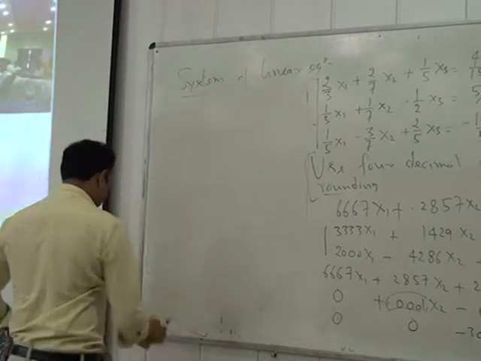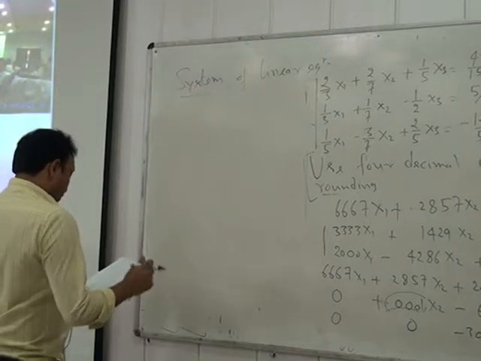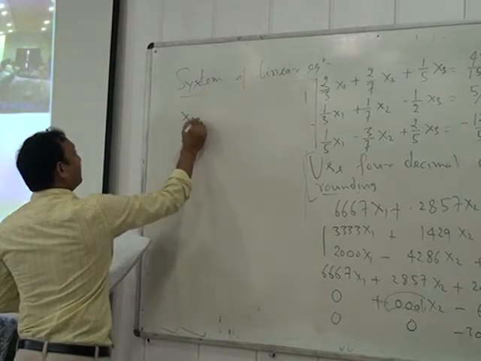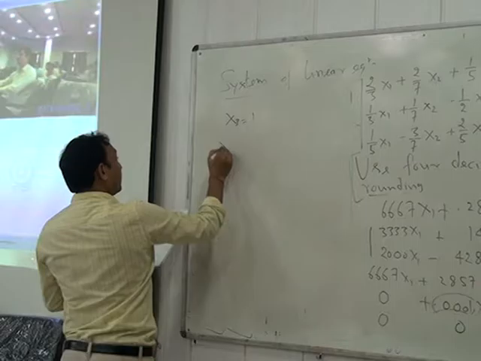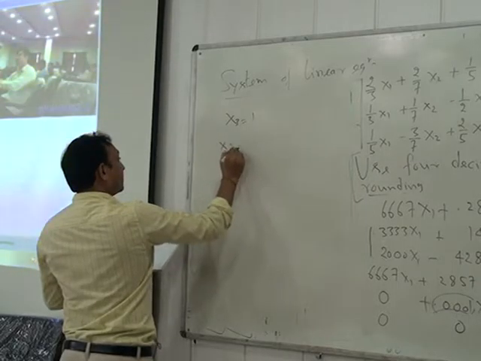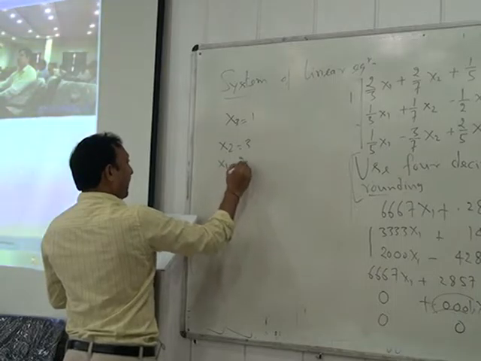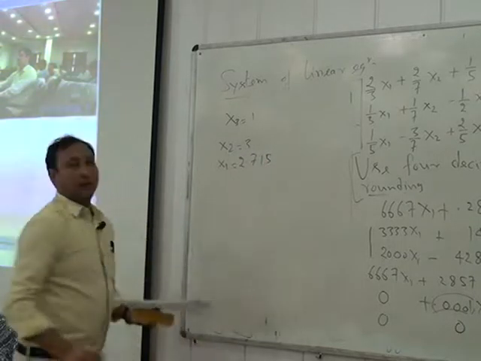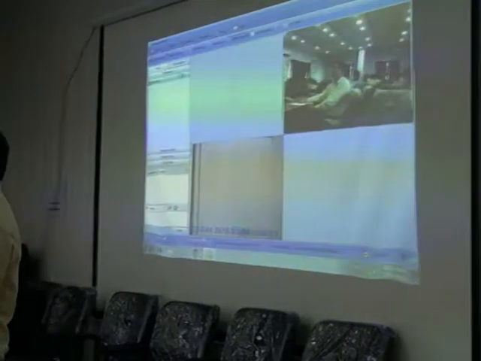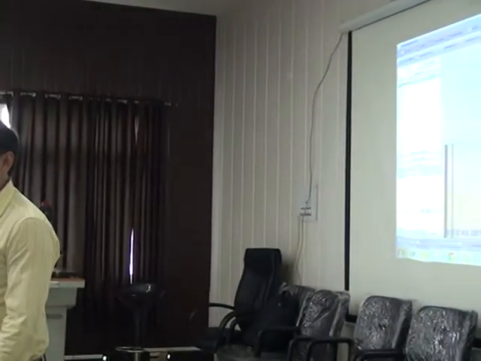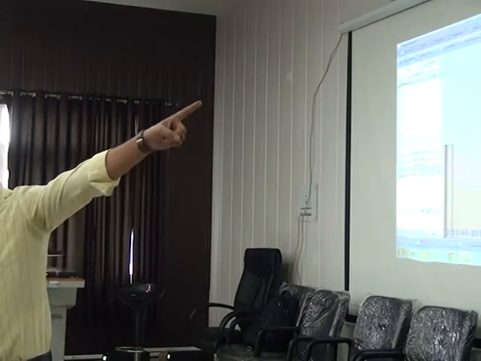You get x3 roughly 1, x2 is 3, and x1 is 2.715. You can do it, which is no more close to your answer which you had already, correct?